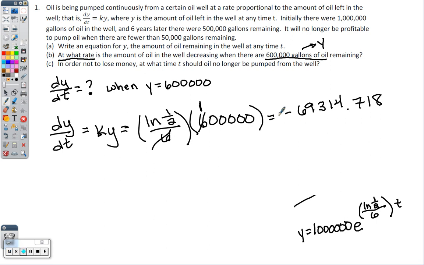Now be very careful. dy/dt equals a negative number. That should make sense because the amount of oil in the well is decreasing. But when you write it out, you want to make sure that this part is negative, but that your answer is not negative, because they asked you how much the amount of oil in the well is decreasing.